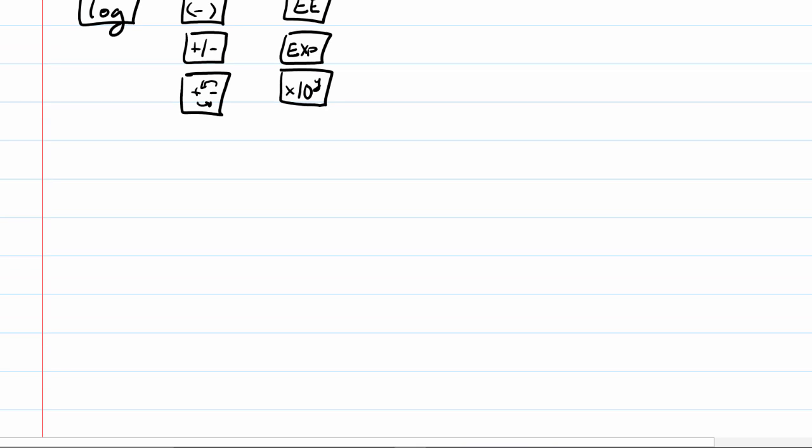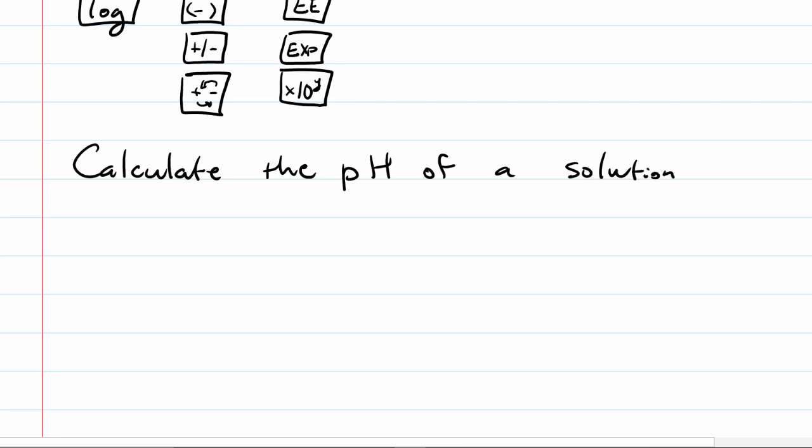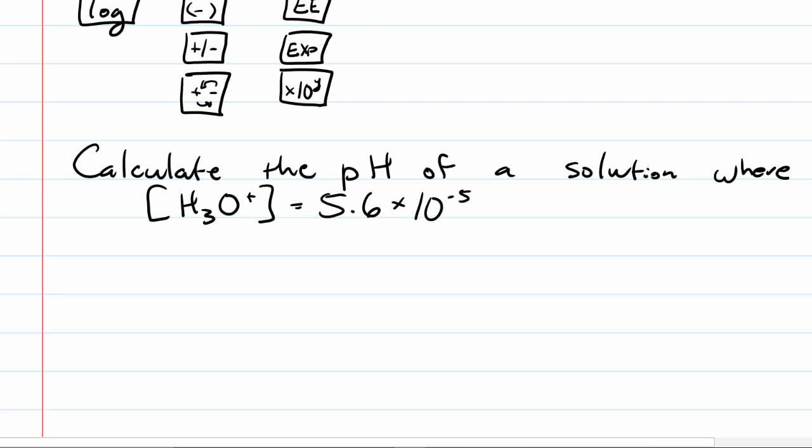So here's what we're going to do. We are going to calculate some pHs now, which are a little bit more involved. We're going to start by calculating the pH of a solution where the hydronium ion concentration is equal to 5.6 times 10 to the negative 5th molar.